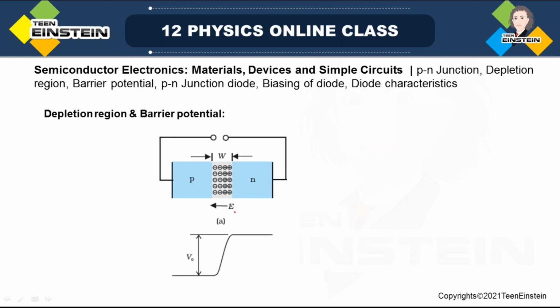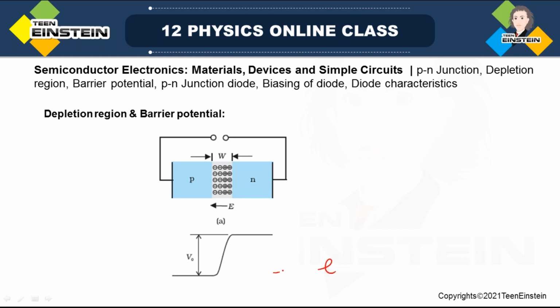Now this barrier potential, suppose V0. So not all the electrons can pass through this region.